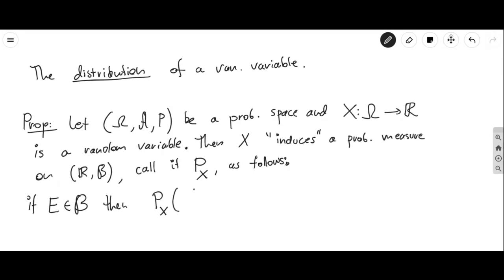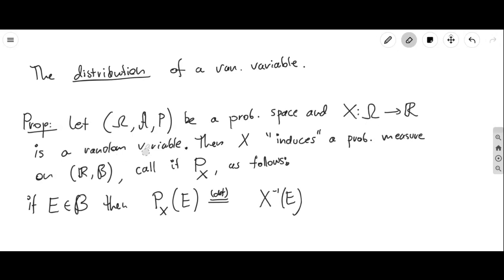Then P_X of E is equal to, and this is by definition, this is the way we construct it, you're going to take the event and you're going to pull it back using the random variable. We need to understand that this event is in the Borel algebra, so that means the event is a subset of R, and we have a mapping from the sample space into the real line. So this event is living on the real line, and you're pulling it back using the random variable, and now this is a subset of the sample space.